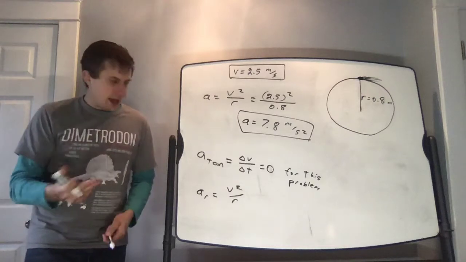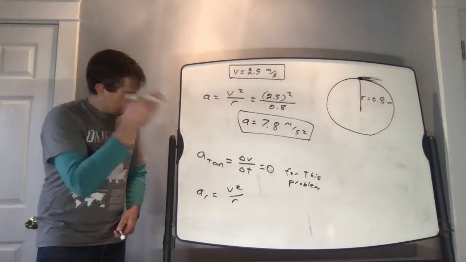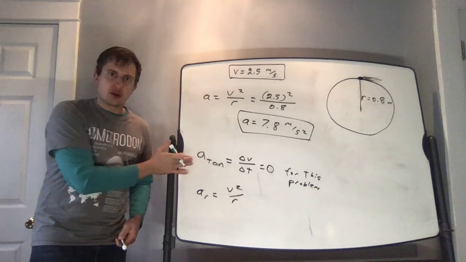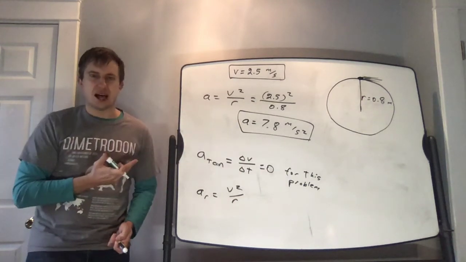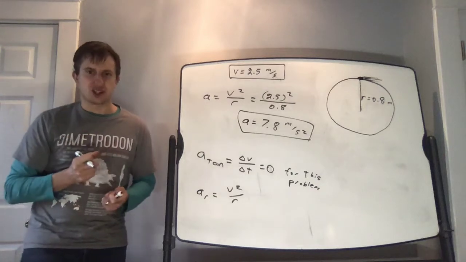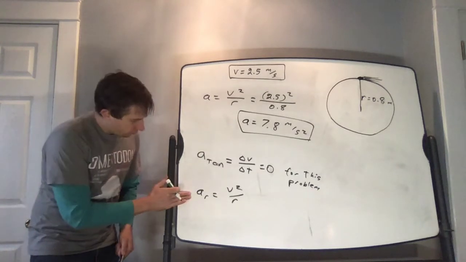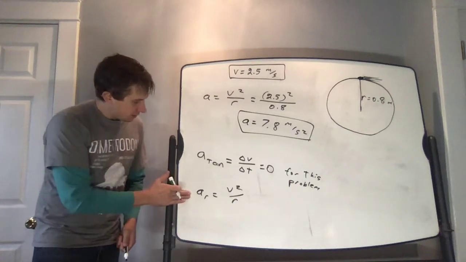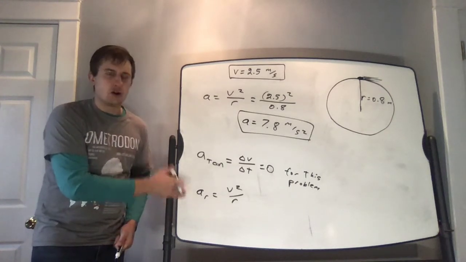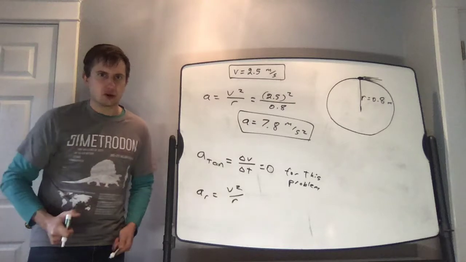Now, the rule, as I said, is that the direction of the tangential component of acceleration is always in the same direction or opposite velocity, depending whether you're speeding up or slowing down. The radial component always points inward towards the center of the circle.